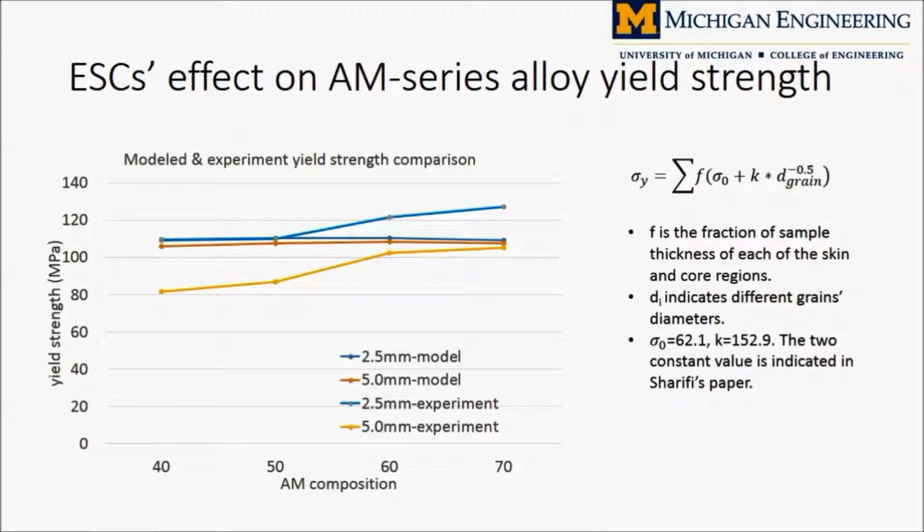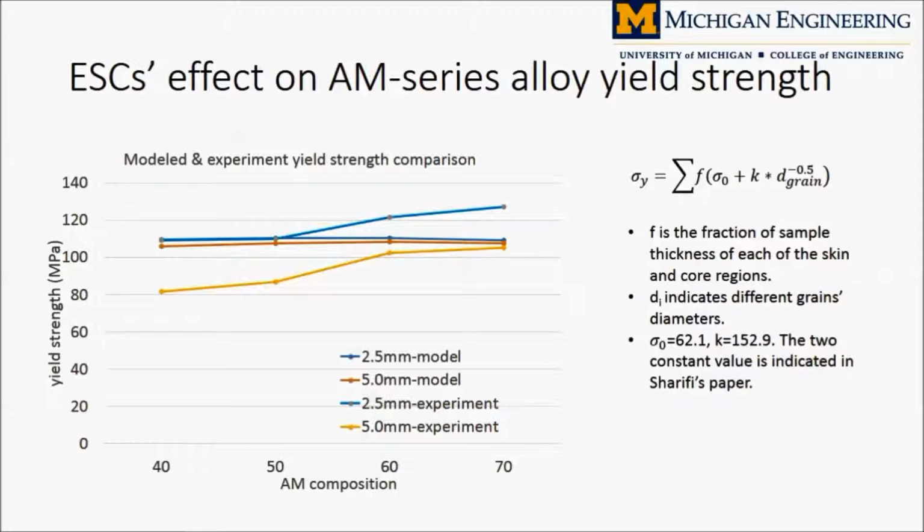In Hall-Petch strengthening theory, grain size has an effect on material yield strength because grain boundaries impede dislocation movement. The ESC distribution discussed above was applied in Hall-Petch modeling here to evaluate the ESCs' effect. For 2.5 mm samples, the modeled yield strength matched the experiment only for AM40 and 50.